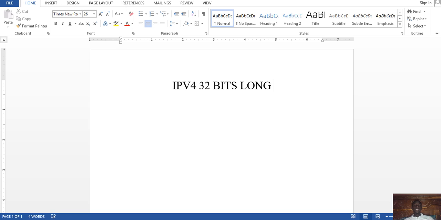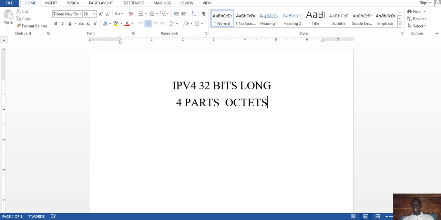These 32 bits are divided into 4 parts of 8 bits each, and those parts are referred to as octets.